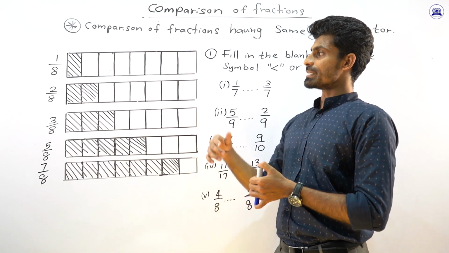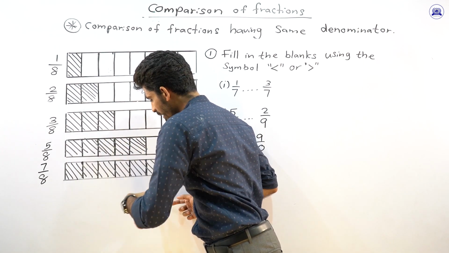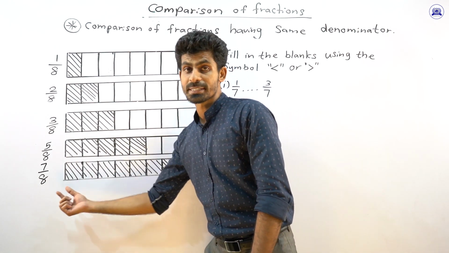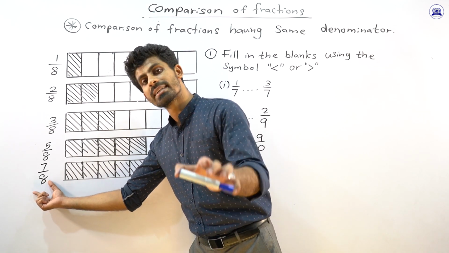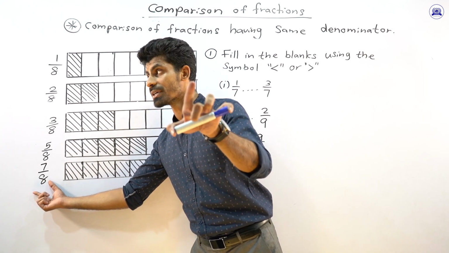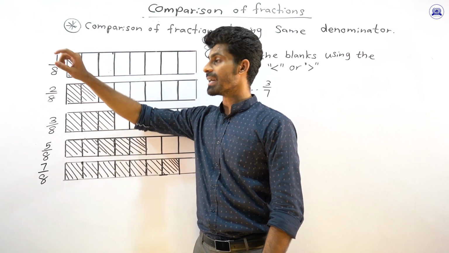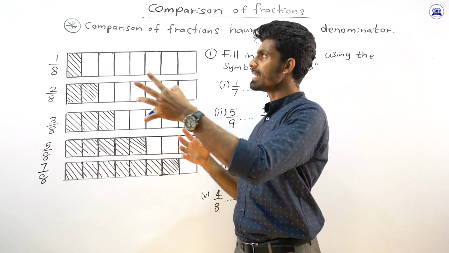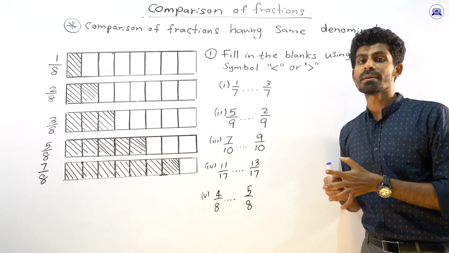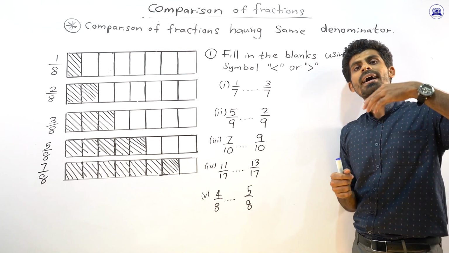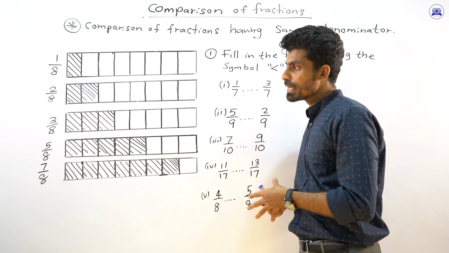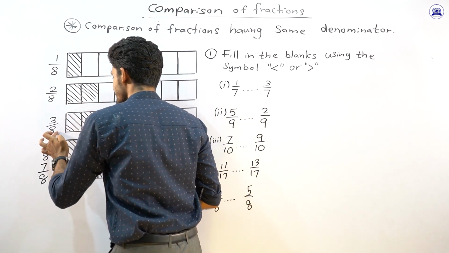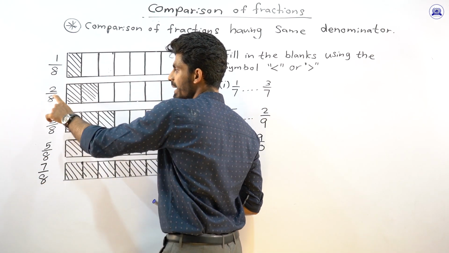So you can clearly see, which one is the largest fraction? Which one is the largest fraction, my dear student? 7 over 8 is the largest fraction, right? Which one is the smallest fraction? 1 over 8 is the smallest fraction. If we are having the same denominator, just look at the numerator.